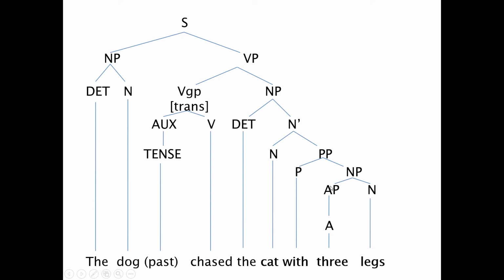With 3, we have another noun, that is 3, because this is a quantifier, and we have legs. So these things are not so important, but the point is that the verb phrase must have a preposition and must have a noun phrase. Remember this.